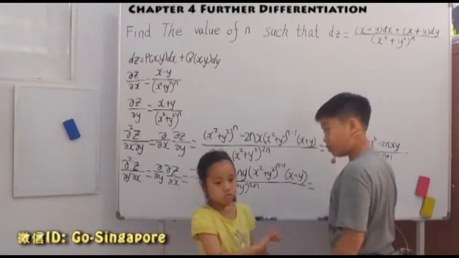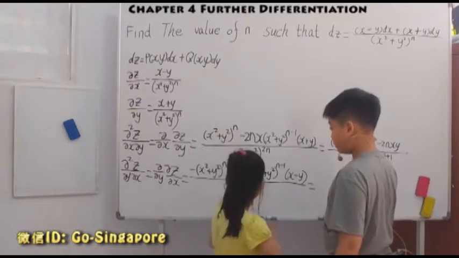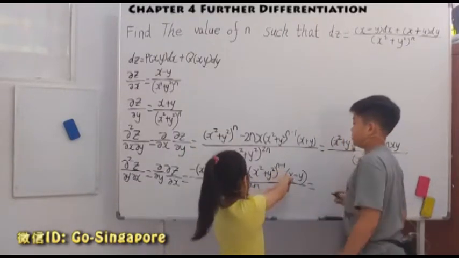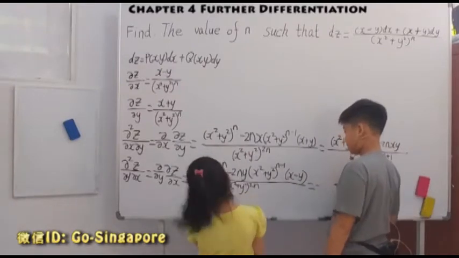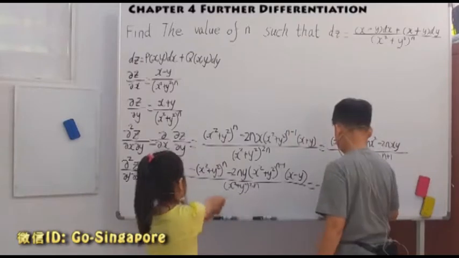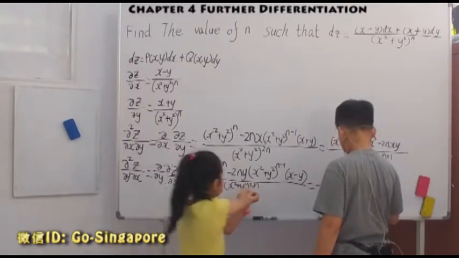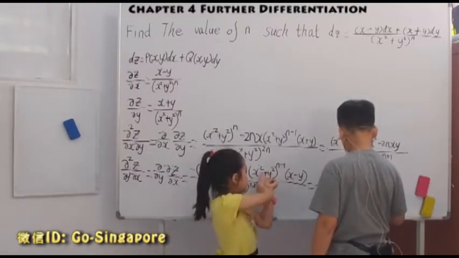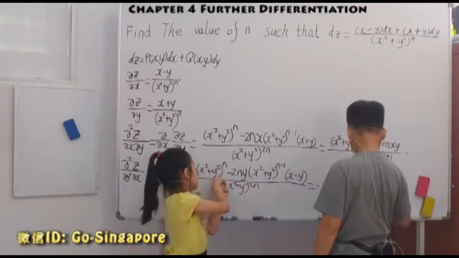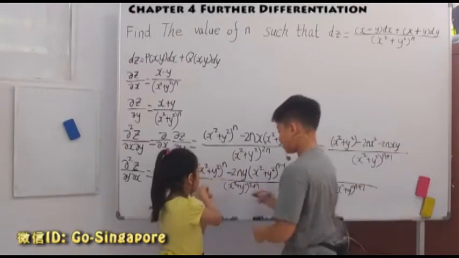Do you know how to continue? Simplify. And can we take out the negative? We also simplify this. I can expand. We can expand, but not now.